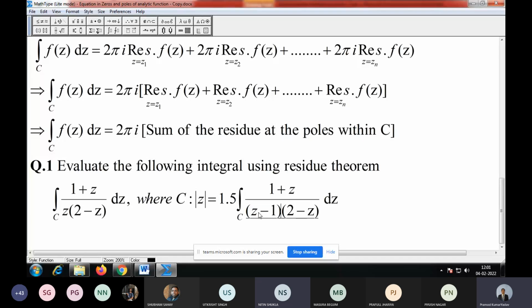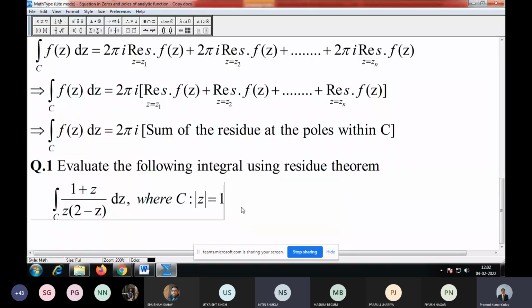So at z equals 1, you may find the residue. It means we need to multiply the whole function by z minus 1, which cancels out with the denominator, and put z equals 1. So 1 plus 1 is 2, and the denominator is 1. So 2 times 2 pi i is 4 pi i. So within a minute, you can give the answer to a question by using the Cauchy residue theorem.